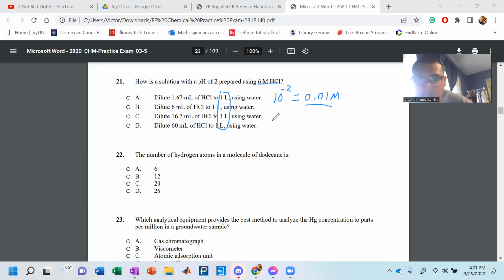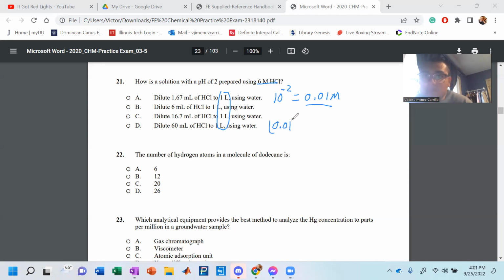So M1 is 0.01, and they're using the hydrochloric acid, which is 6 molar. Wait, I'm getting my words confused. Excuse me. They're diluting the HCl solution, and they want to make an HCl solution of 0.01.